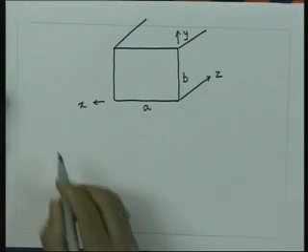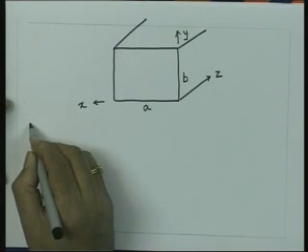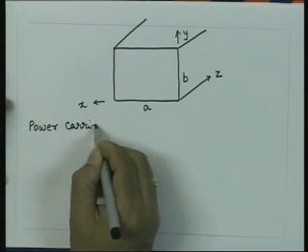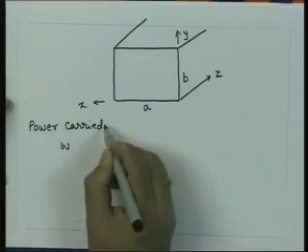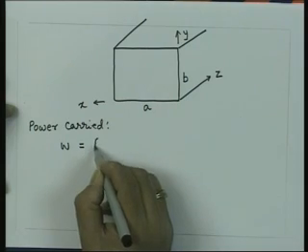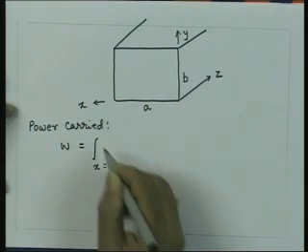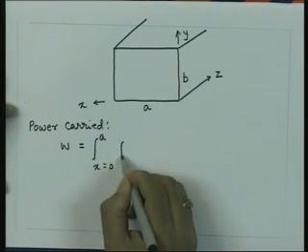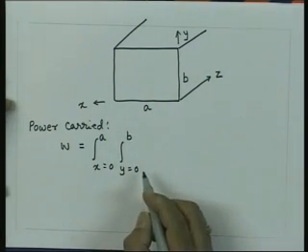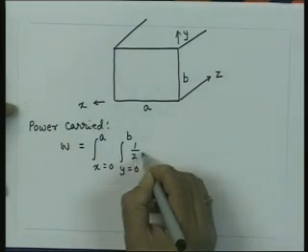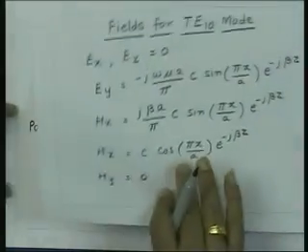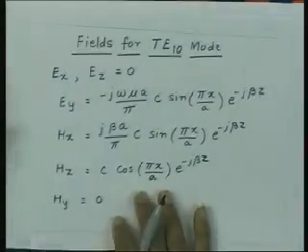So first we take total power carried, that is W, that will be equal to the integral x going from 0 to a, y going from 0 to b, half real part of E cross H conjugate.